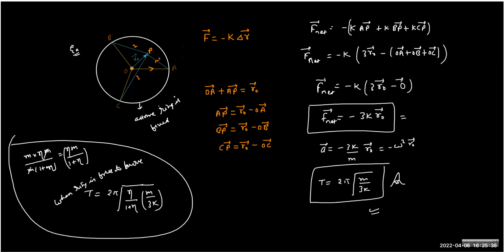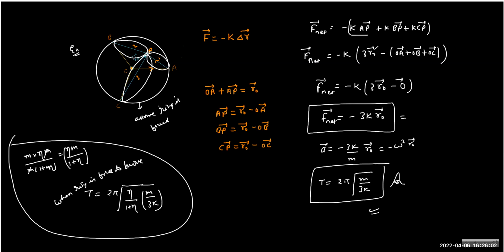So why did we take that zero here? Zero plus the sum of OA vector plus OB vector plus OC vector. See, the rubber bands are like zero length. So what is the new length of the rubber band? AP. New length is BP. New length is CP. So how much spring force will be there?